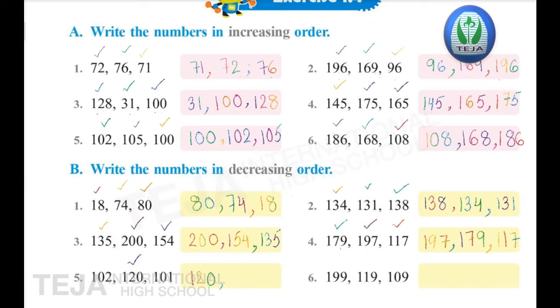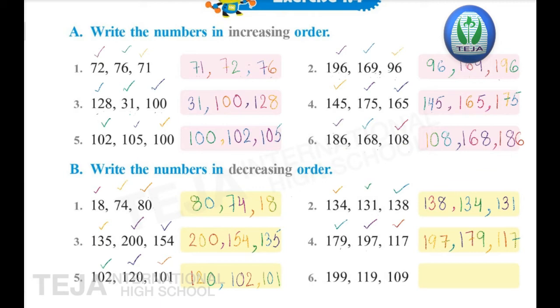Now next two numbers are 102 and 101. Among these two, which is the greatest number, children, here? It's 102. So write 102 in the box. And next the last number is 101. So the answer of the fifth question is 120, 102 and 101.